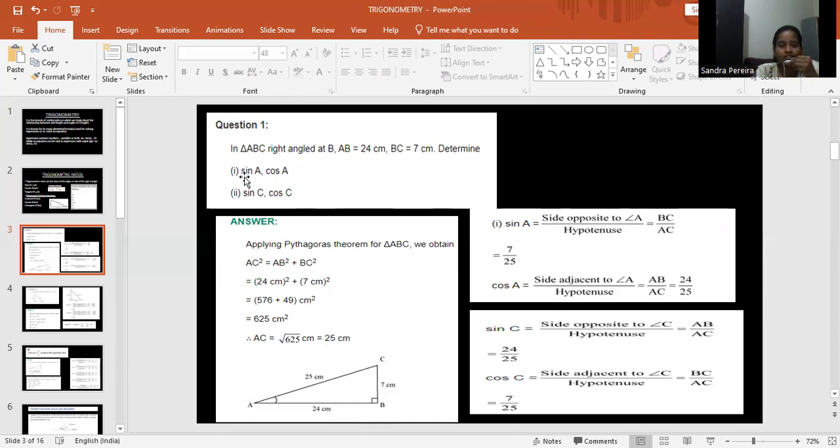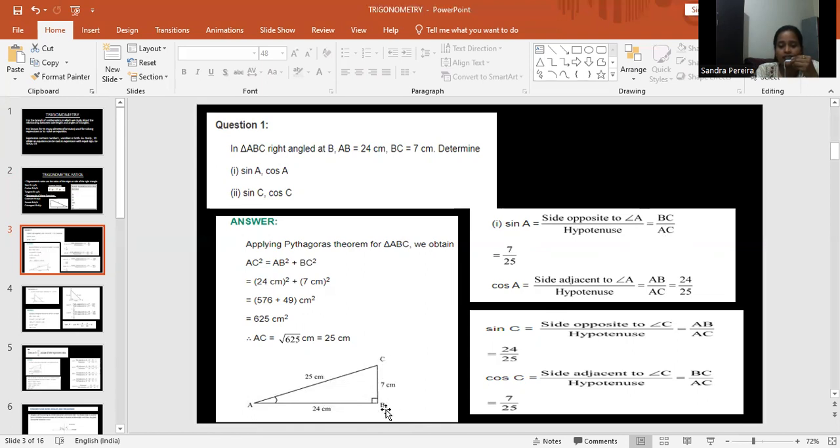Now the question is sine of angle A. Sine of angle A is what? We know the formula, P by H. Here P is BC and H is AC. As I already told you, we are taking theta and opposite of angle theta is always perpendicular.